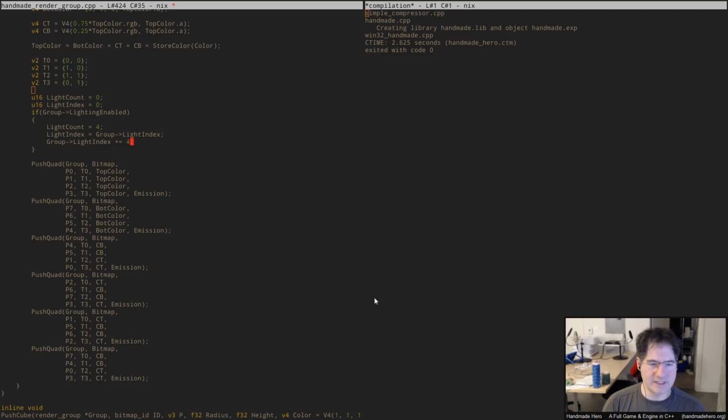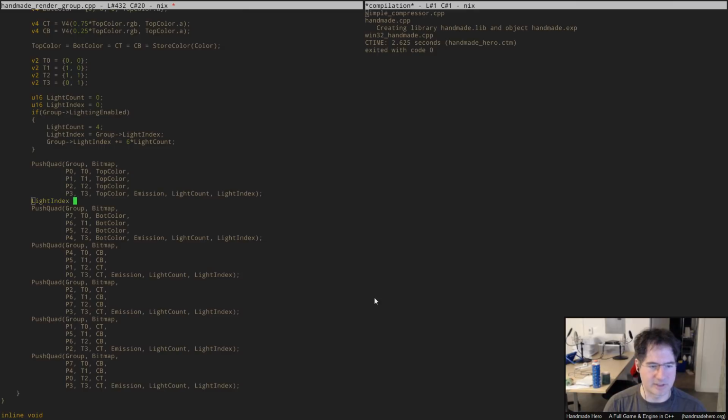So we know that our light index has to be incremented by light count, but times 6, right? If that makes sense. And so then we're passing down light count, light index each time here. But the light index itself every time is going to have to increment.